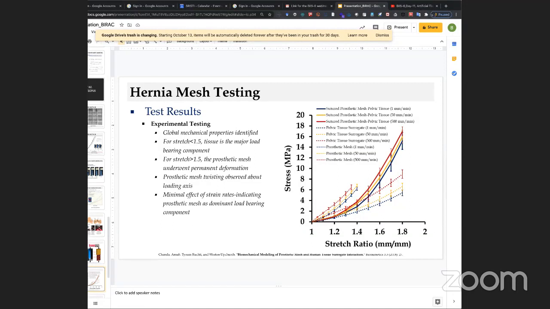So not going into the details, this is just to show you what kind of research capabilities we can have with these artificial tissues. So we have run experiments at different strain rates, and looked, using the computer model also, at what happens inside the individual components such as the mesh, the artificial soft tissue, and at the suture point.